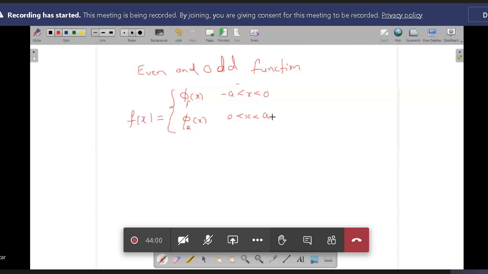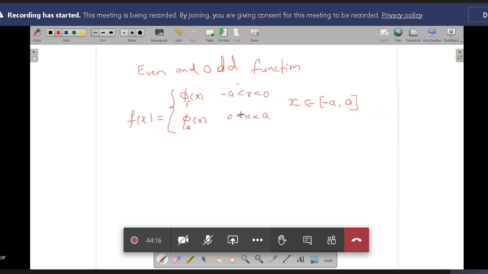So here x belongs to the interval minus a to a, so we have the origin at the center and the same length on both sides.